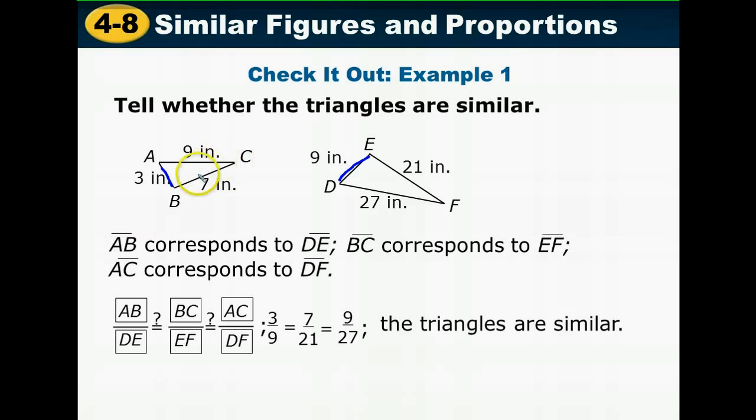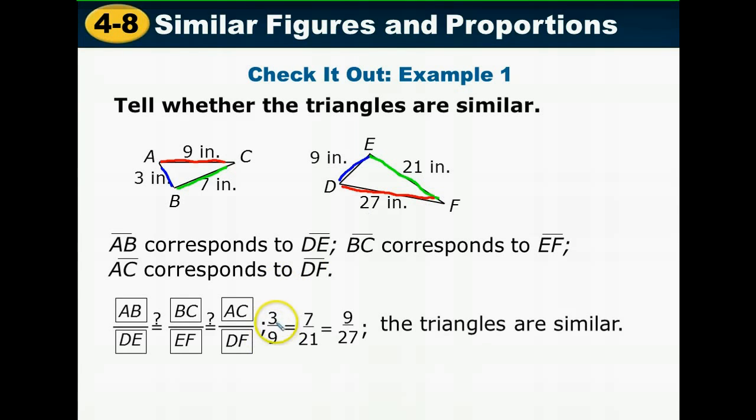And then BC will correspond to EF, which is right here. And then we have AC, in a different color. AC will correspond to DF.